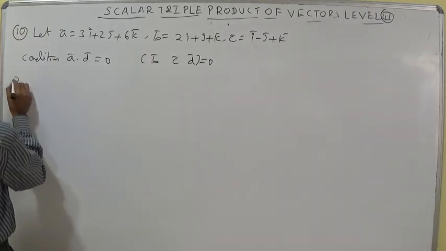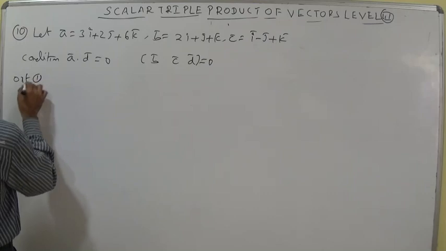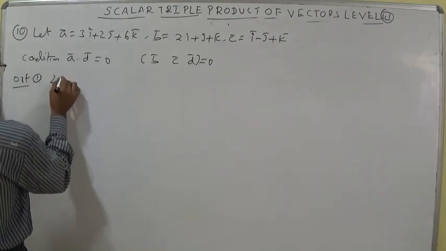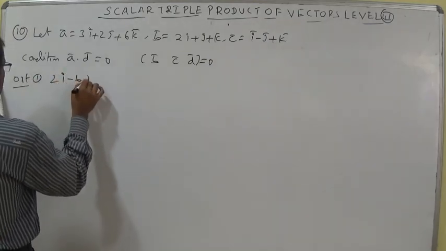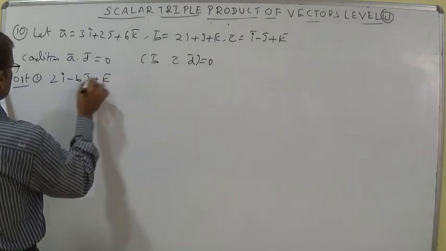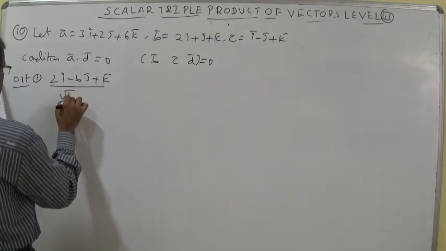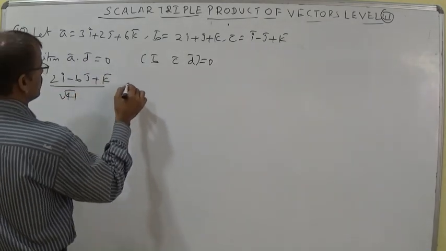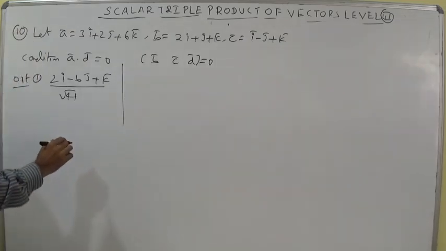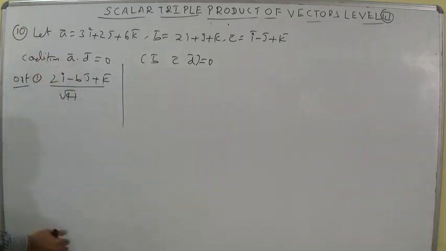Option 1 I am writing. Option 1 is given as 2i minus 6j plus k by root 41. Using BCD equal to 0, this is not possible.